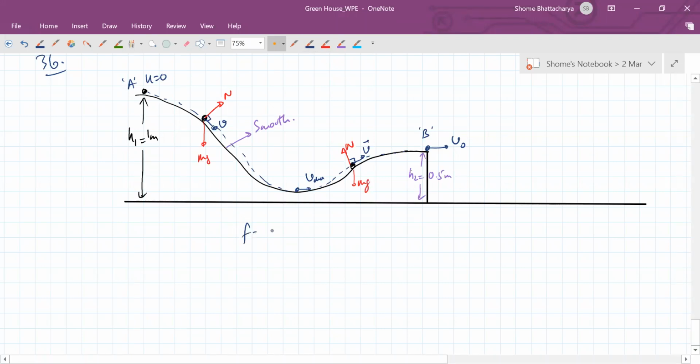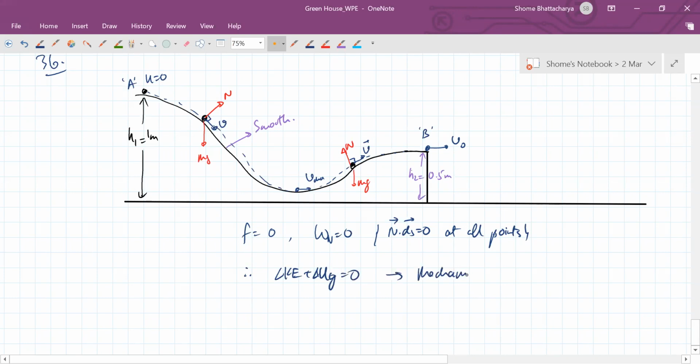So friction is absent and work done by normal reaction is zero, because N dot ds is equal to zero at all points. So that is why change in kinetic energy plus change in gravitational potential energy is zero. That is, mechanical energy is conserved.